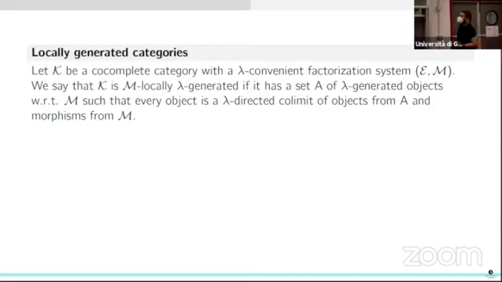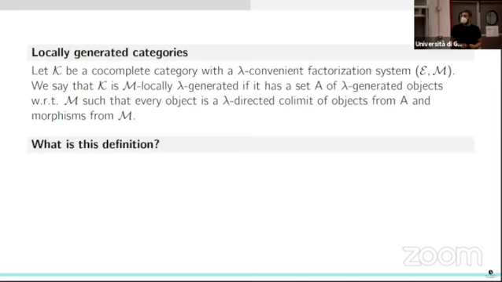And then it is a set of lambda generating objects with respect to M. And I think you already see what's going to be the definition, but we will see those. Such that every object is a lambda directed colimit of objects in A and morphisms in M. You see, I'm just taking the definition of locally presentable and weighting it, in a sense, along the factorization system.